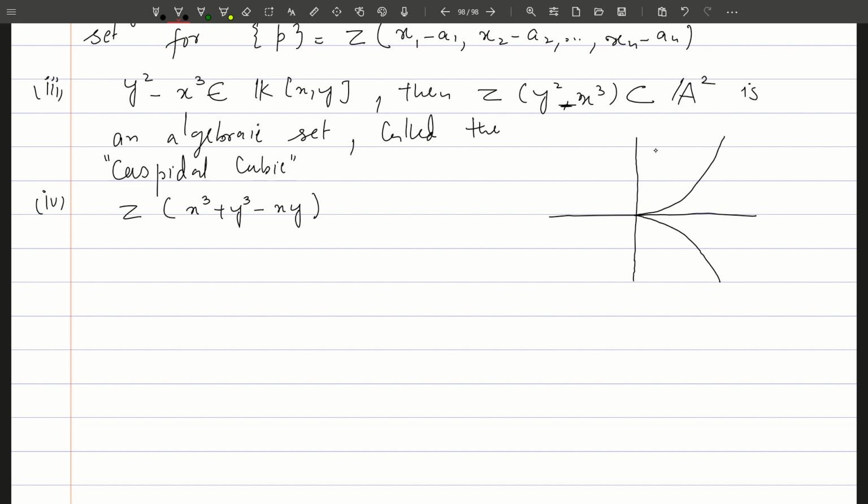This is again a subset of A^2, so it is an algebraic set. It is a famous curve called the folium of Descartes.